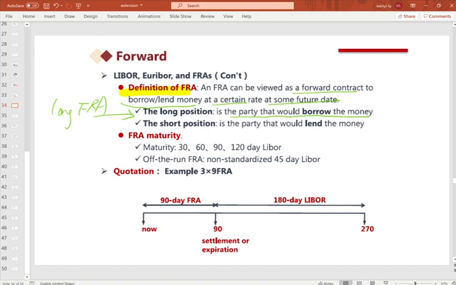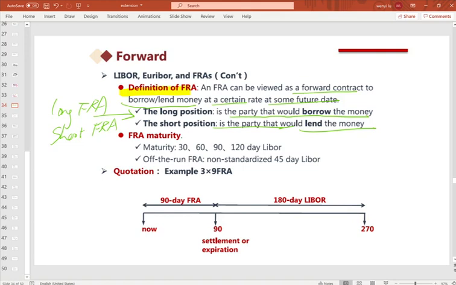If you short FRA, that means you will lend the money to the borrowers in the future at a given rate. So short position means you are a lender, long position means you are a borrower.